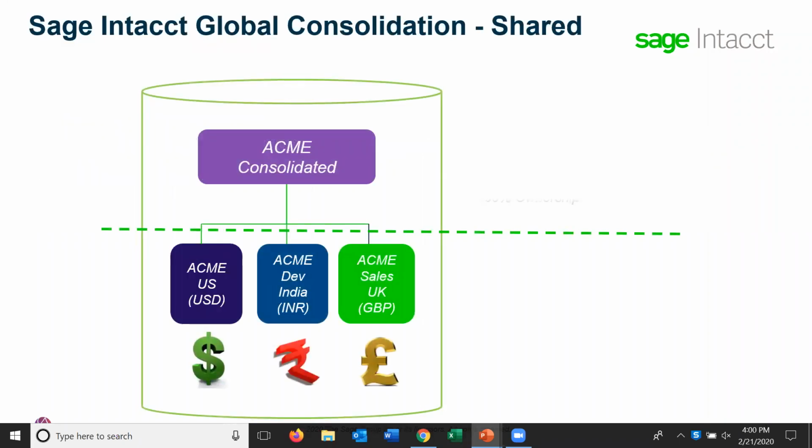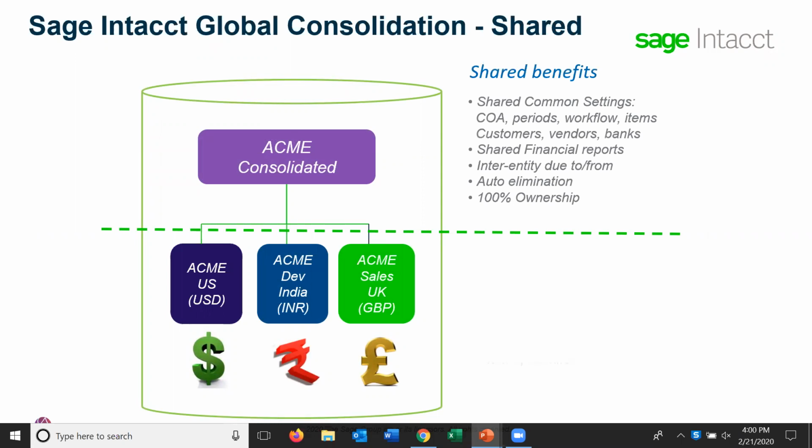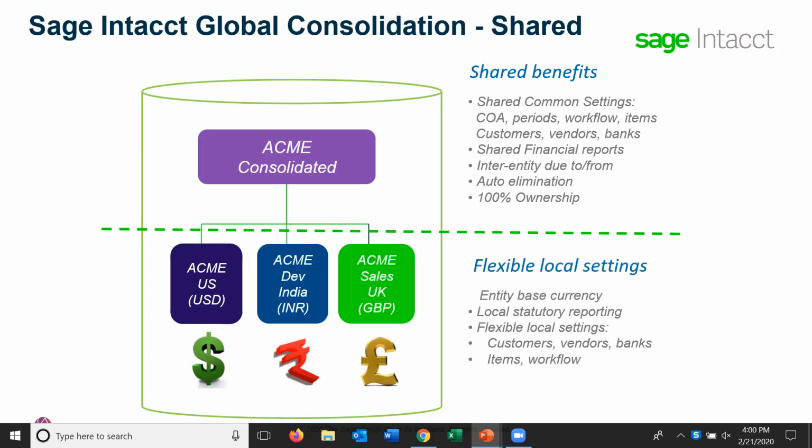Before we move into the solution, I just thought I would share this one slide with you because this is a visual, and sometimes a picture is worth 1,000 words. So this is a visual of a company that has a consolidated view of 3 entities.